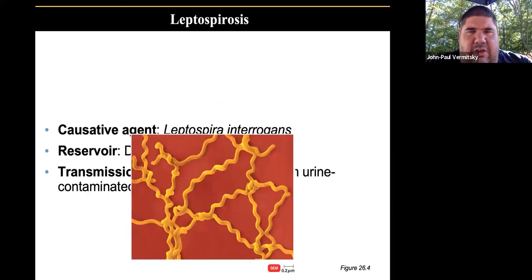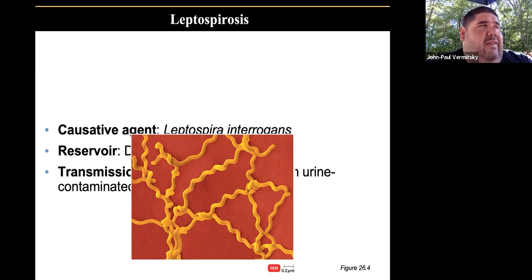Okay, I don't know why the picture is on top of the words here. But another urinary tract infection is leptospirosis. This is caused by Leptospira interrogans. The reservoir for leptospirosis is dogs and also rats.